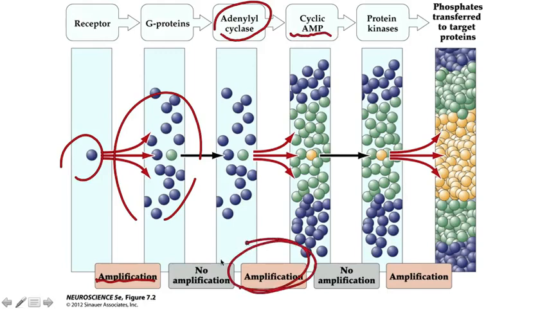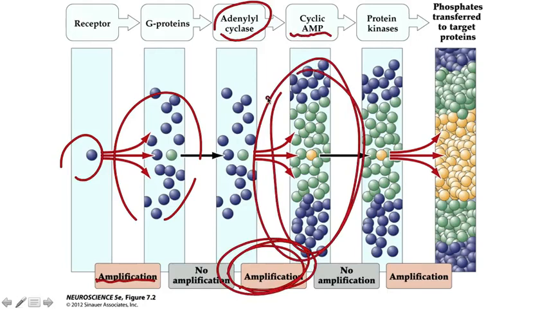So another significant amplification step happens where a large number of cyclic AMP molecules are derived from the activation of a smaller subset of adenylyl cyclase molecules. These cyclic AMP molecules then can interact with protein kinases, which leads to the massive phosphorylation of numerous target proteins.